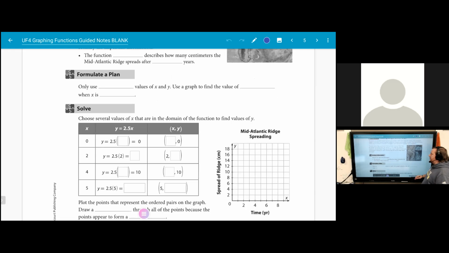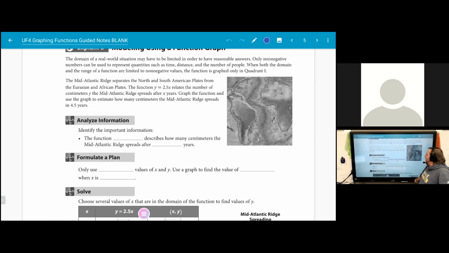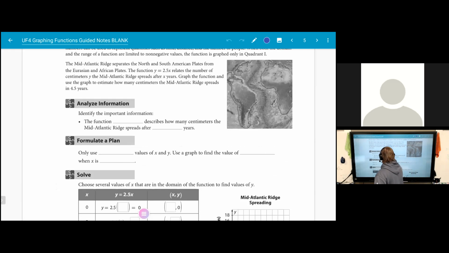This example says the mid-Atlantic ridge separates North and South American plates from the Eurasian and African plates. The function y equals 2.5x relates the number of centimeters y the mid-Atlantic ridge spreads after x years. Graph the function and use the graph to estimate how many centimeters the mid-Atlantic ridge spreads in 4.5 years. Okay, the function is y equals 2.5x, and this is how much it spreads after x years.